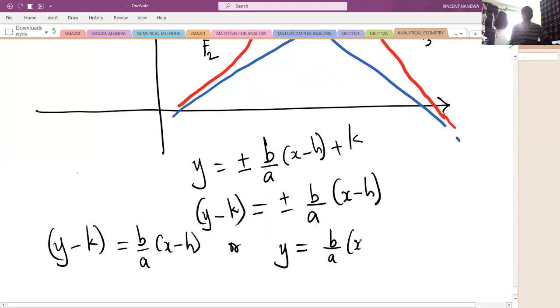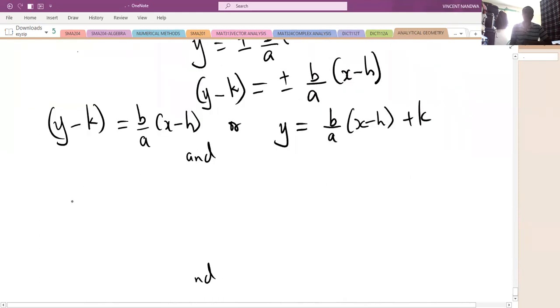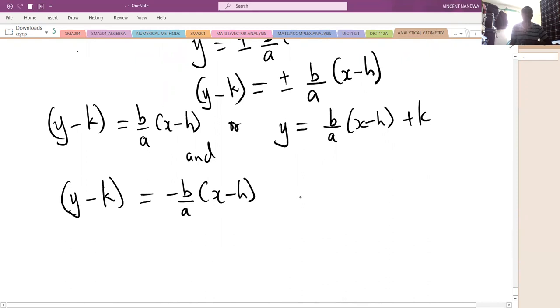So X minus H, then plus K. And we'll have Y minus K equals minus B over A into X minus H. Or you can say Y equals minus B over A into X minus H plus K.